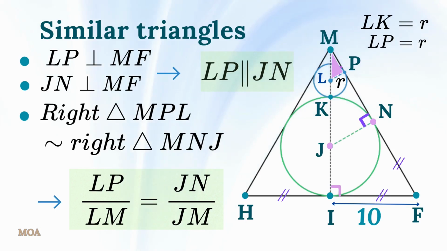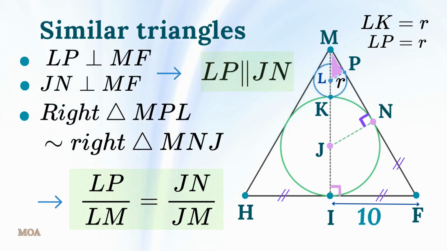Focusing on our goal to determine R, we now apply the properties of similar triangles. Since LP and JN are both radii drawn to the tangent line MF, each is perpendicular to MF. Consequently, the segment LP is parallel to JN.